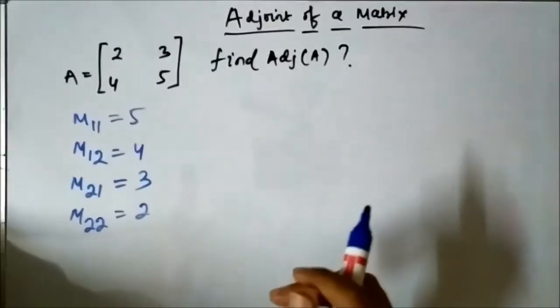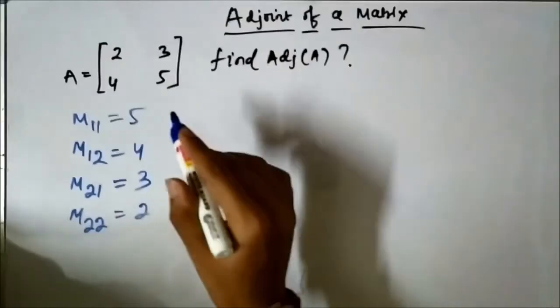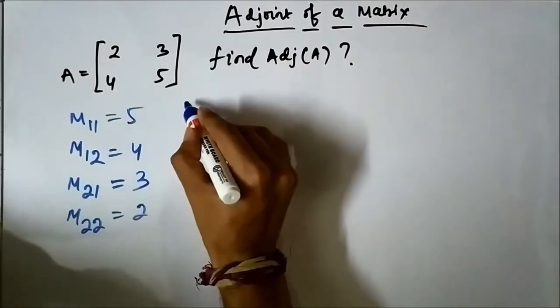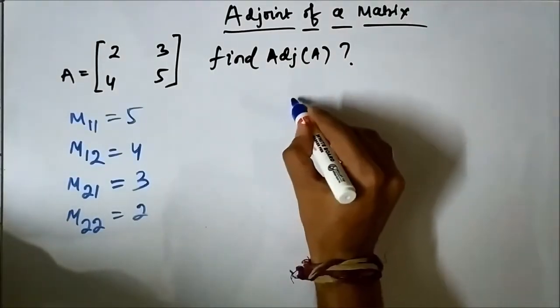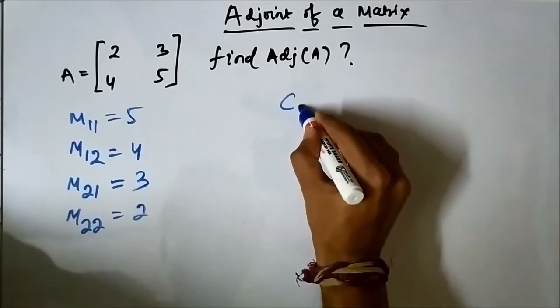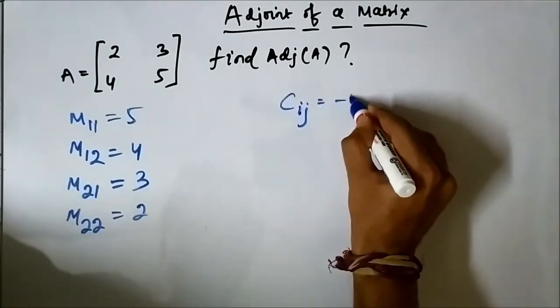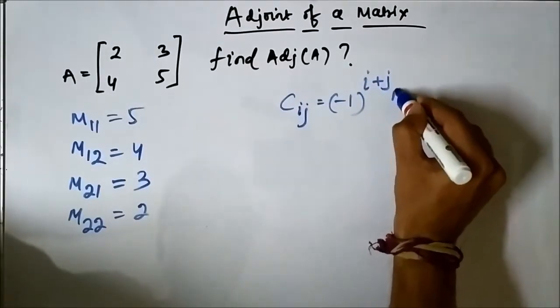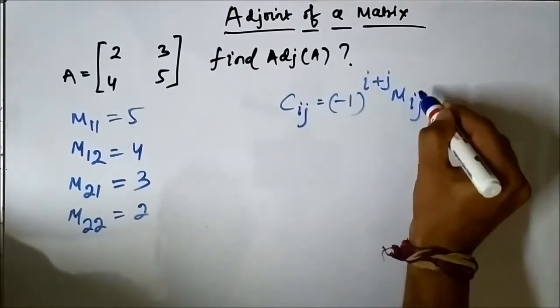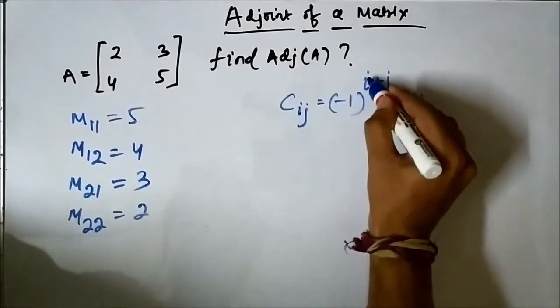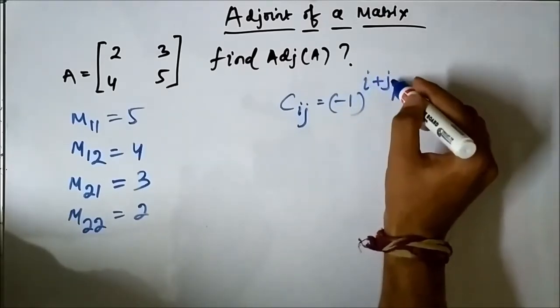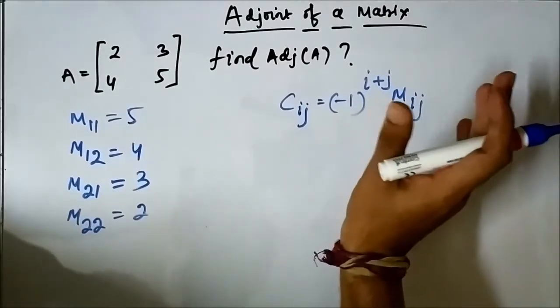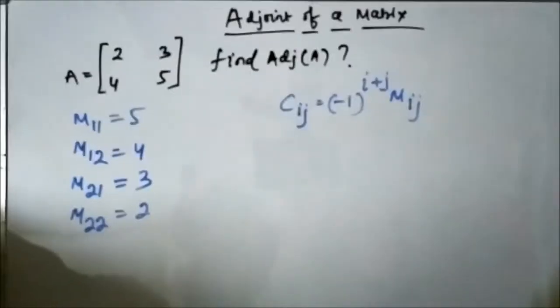So these are the minors. Then the cofactors. We know the cofactor is given by minus 1 to the power i plus j into Mij, which is the respective minor, where i is the row and j is the column at the intersection of which the element is present.